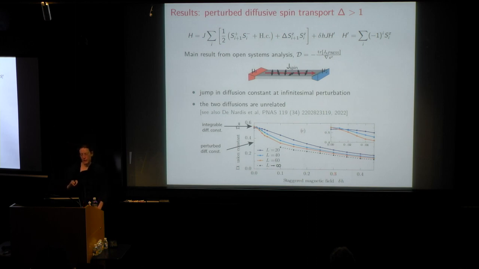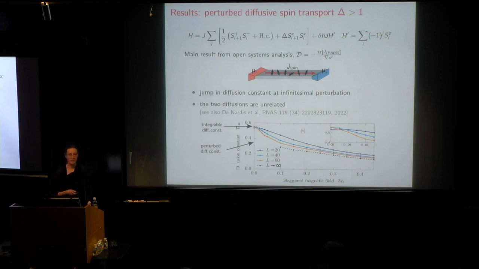As I increase the system size, this crossover becomes sharper, and I anticipate that in the thermodynamic limit, the diffusion constant would jump at an infinitesimal perturbation strength, because the nature of the two diffusions is completely different. This is one of the first physical results that we got.